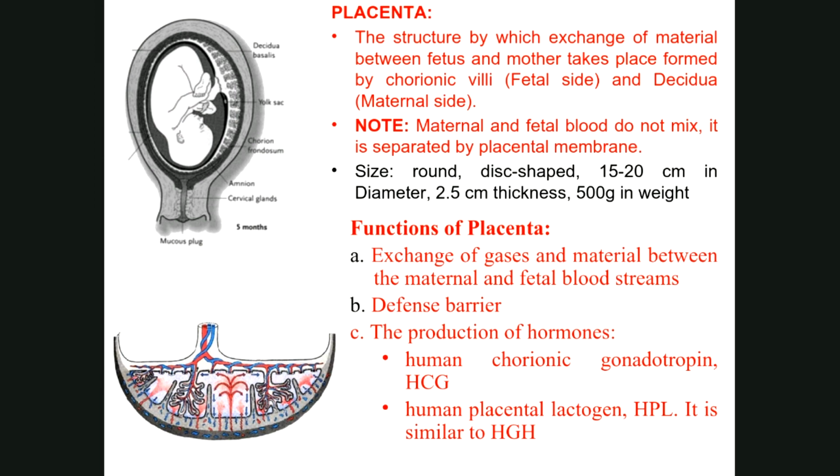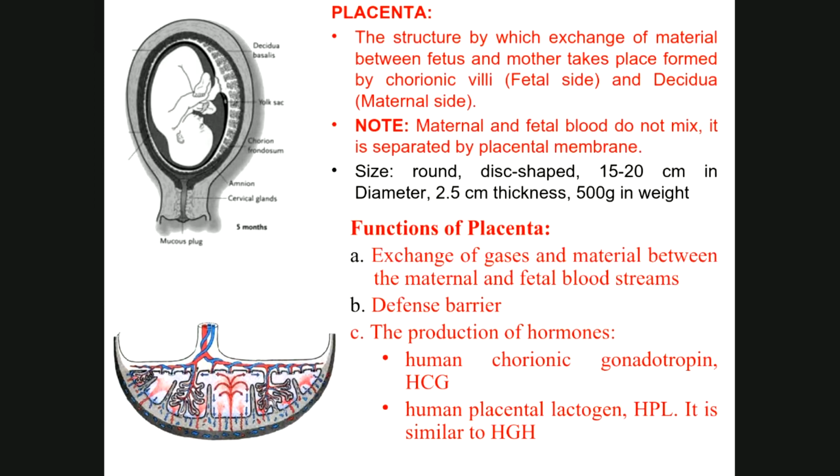What are these hormones? The human chorionic gonadotropin, which is known as HCG. Another hormone is human placental lactogen, HPL. So these are some of the hormones which are formed from the placenta, and their job is to maintain the pregnancy. The human chorionic gonadotropin hormone, HCG, is responsible for maintaining the pregnant state.